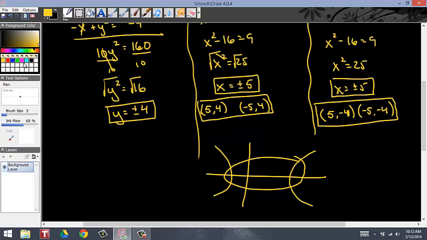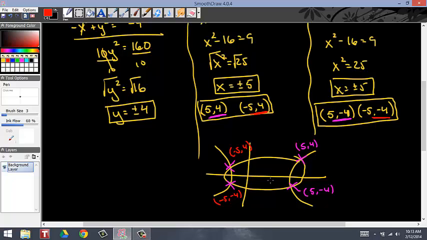They're going to intersect at 4 different spots, which are these. This right here is your 5 comma 4. The bottom is your 5 comma negative 4. Your negative 5 comma 4 is right here. And your negative 5 negative 4 is here.